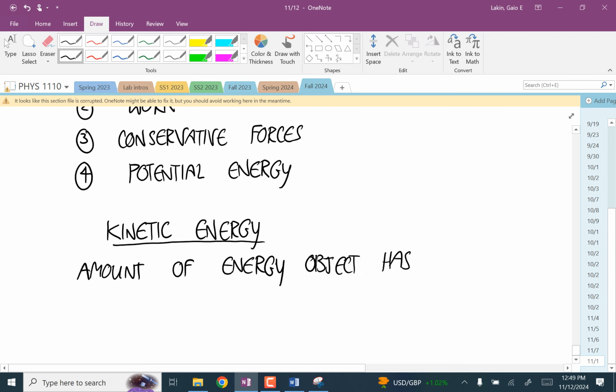And objects can have lots of different types of energy, so this is only one of those types. But the amount of energy that an object has at a single instant.